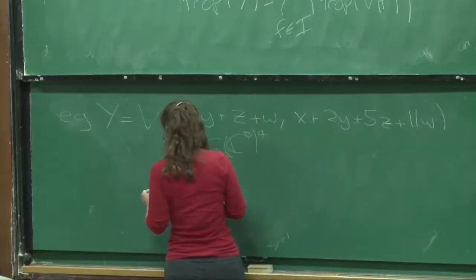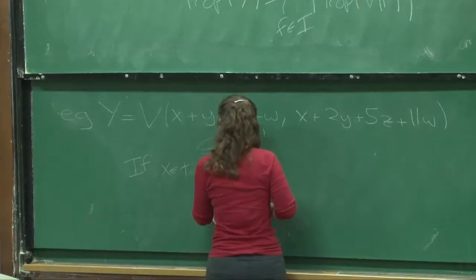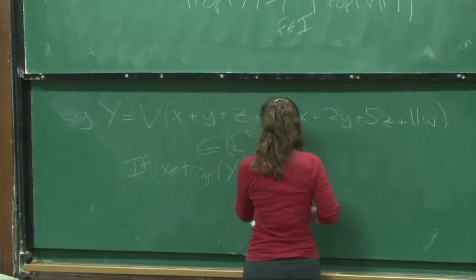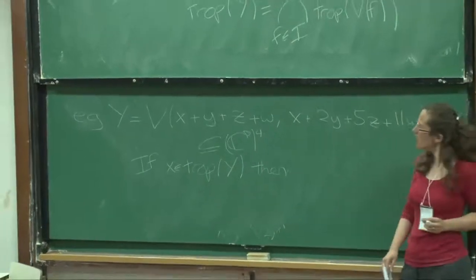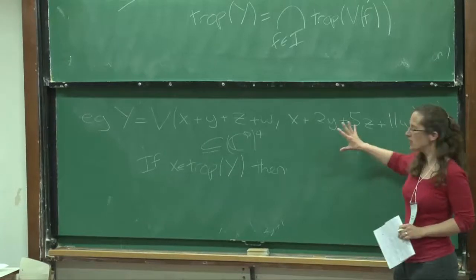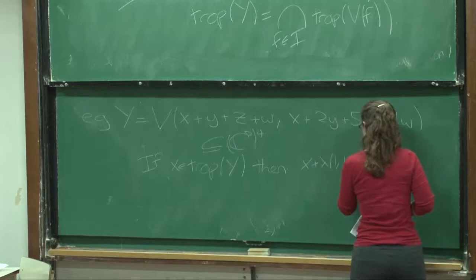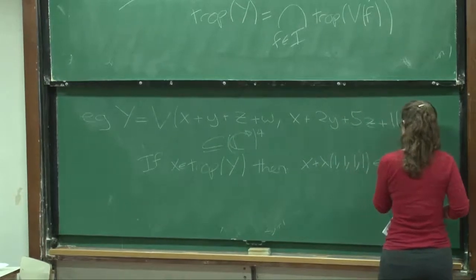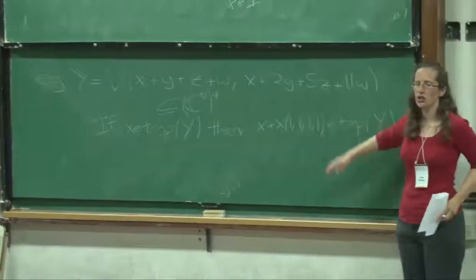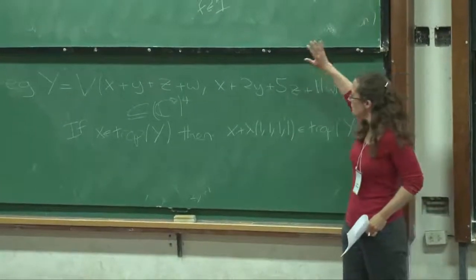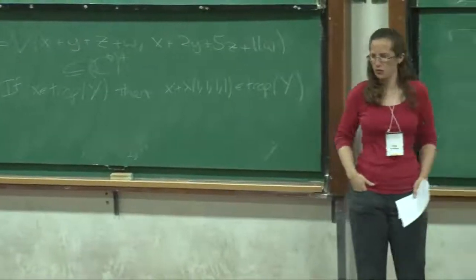So the first fact is if x is in trop Y, then it turns out that we have the following nice property. This is maybe at the moment an exercise. We can say x plus lambda times (1, 1, 1, 1) is in trop Y. This is going to be true, and it will be clearer, maybe by tomorrow, why this is true, whenever we start with homogeneous polynomials.